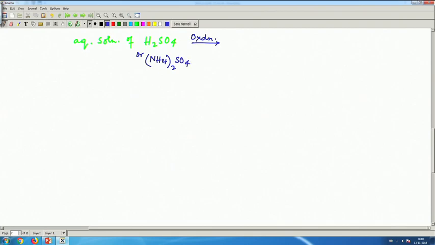So, what we get therefore is the corresponding persulfate production, H2S2O8, plus hydrogen which is released at the cathode.